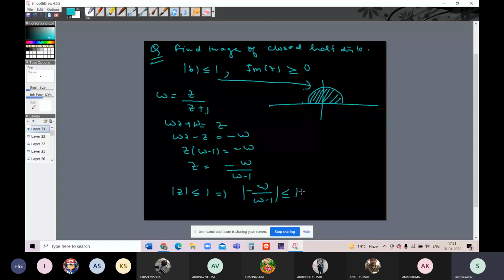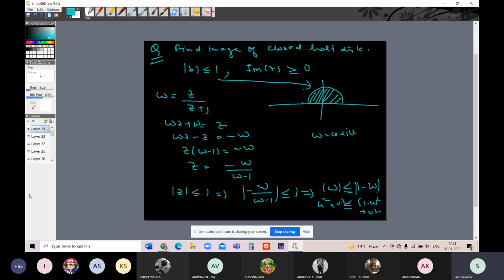So this will give you |w| is less than or equal to |1 − w|, or |w − 1|, this also has to be written. And if w = u + iv, taking the square of both sides, u² + v² is less than or equal to (1 − u)² + v².